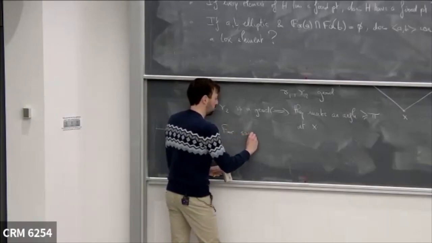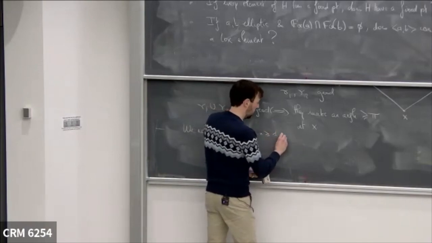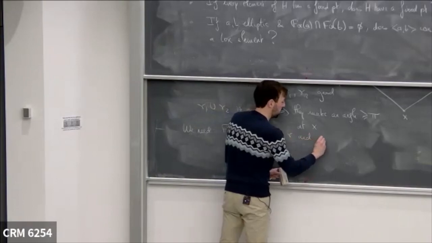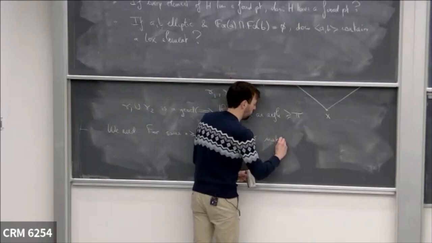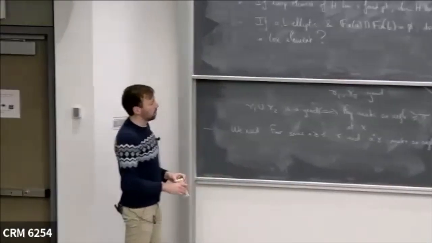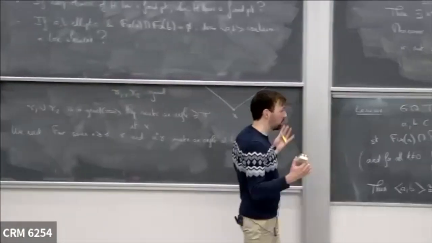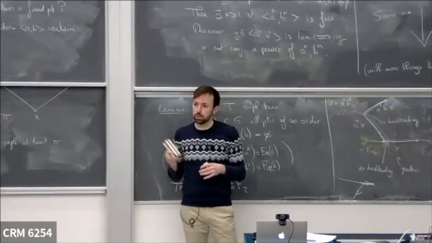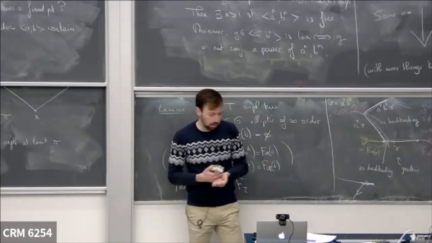For some n at least one, gamma and A to the n gamma, and the same for B, make an angle at least pi. Right. So how do we understand this angle? And that needs to be for any element A, not just your favorite one where you think you can understand the angles a bit better.